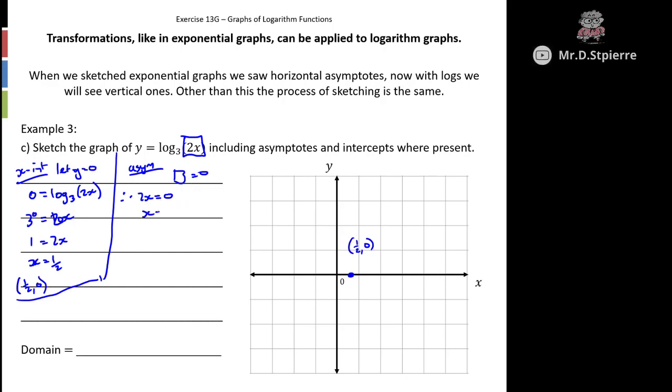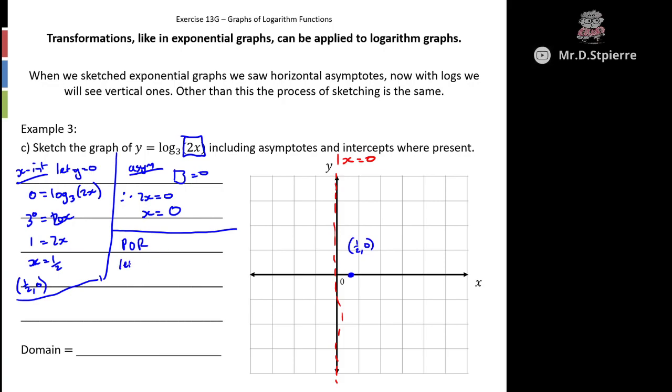Okay, so x equals 0 is our asymptote, and we're not going to have a y-intercept, so we're going to do a point of reference.